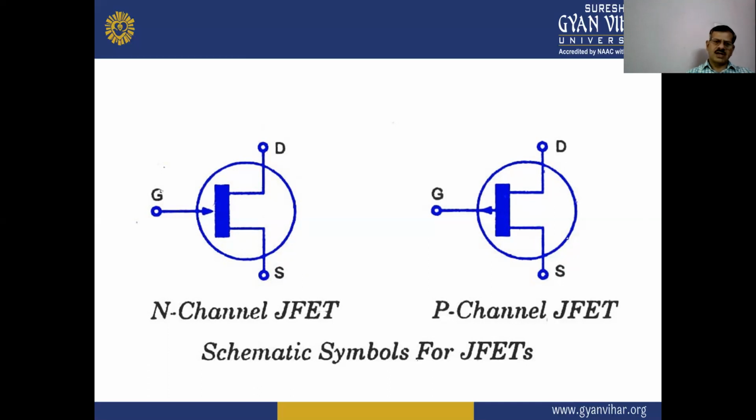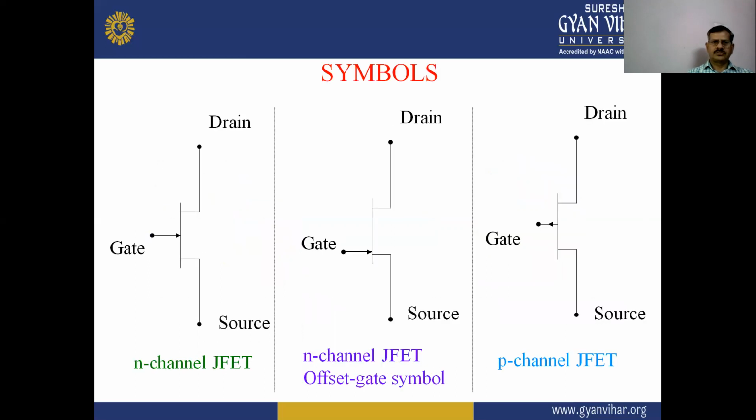That is the main difference in the schematic symbols for N channel JFET and P channel JFET. There are also N channel JFET and P channel JFET symbols, and also an N channel JFET offset gate symbol. Here the second symbol is for the N channel JFET offset gate.